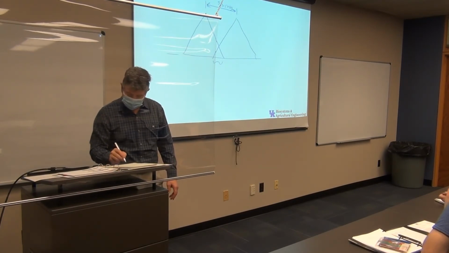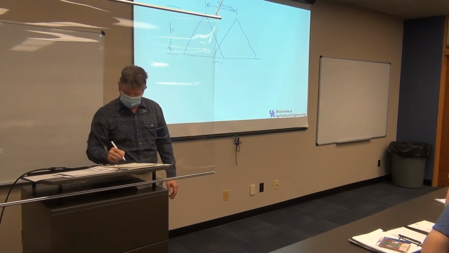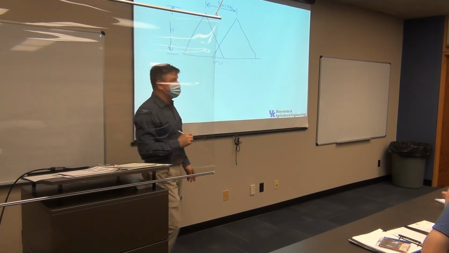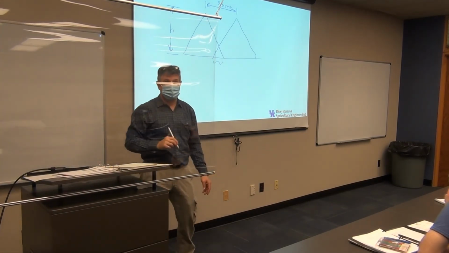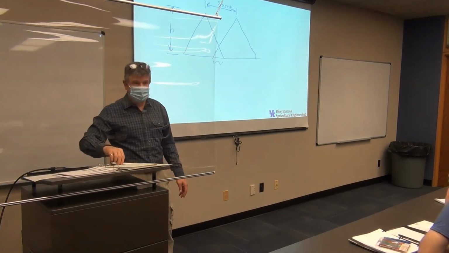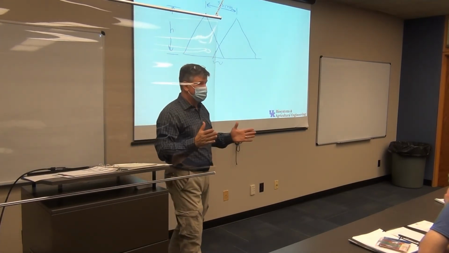So it was basically at this height, right there. What happens as the height changes? If I want to maintain that overlap, what do I have to do?